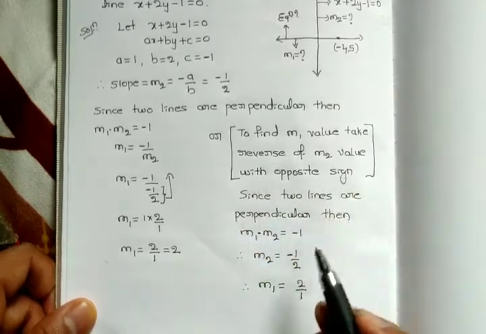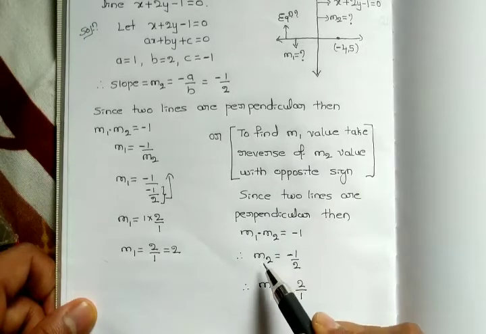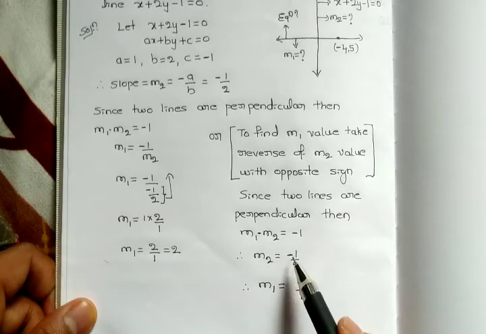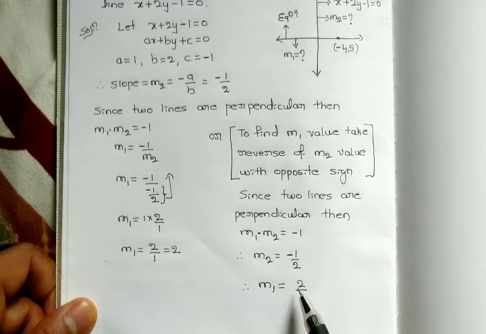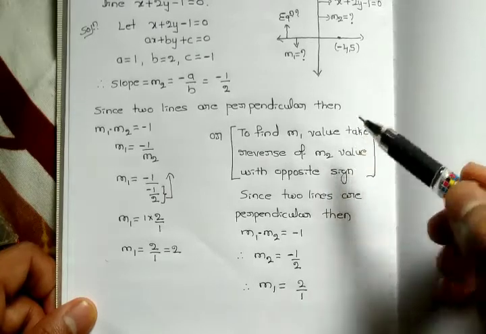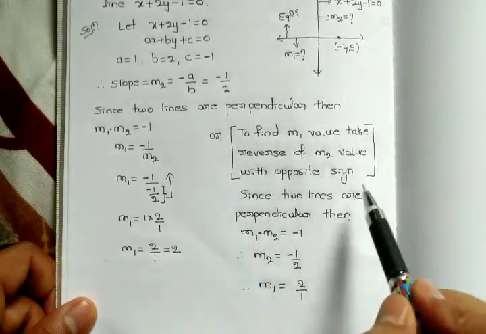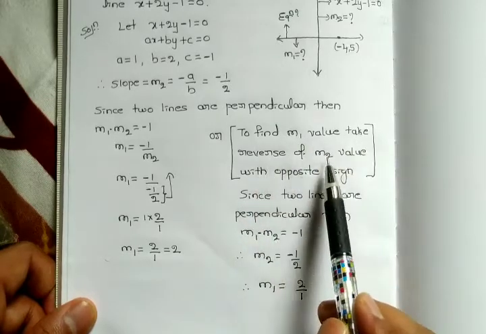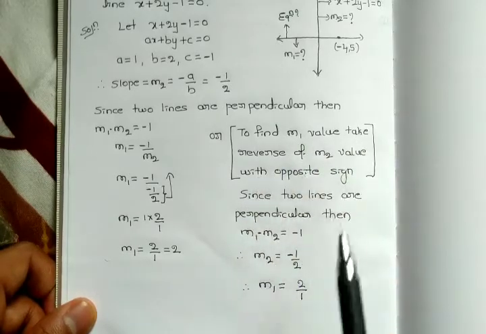This is important. Opposite sign means if m2 contains a negative sign, m1 will become positive. If m2 contains a positive sign, m1 will become negative. Correct. Here negative is there, so you need to write positive. Therefore directly you will get the m1 value. But only remember this, don't write this in the examination. Just remember: to find the m1 value, take the reverse of the m2 value with the opposite sign.